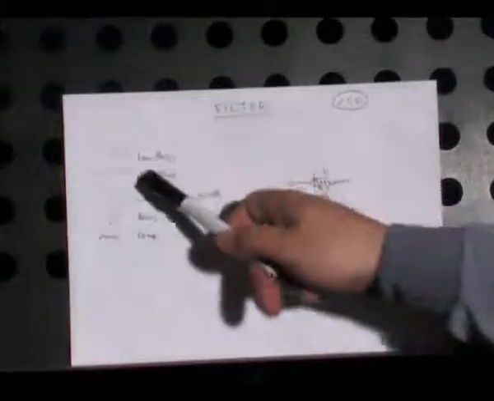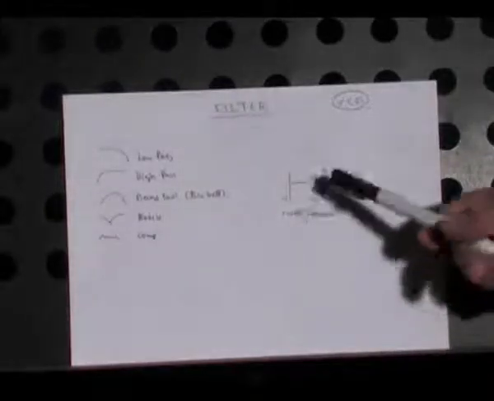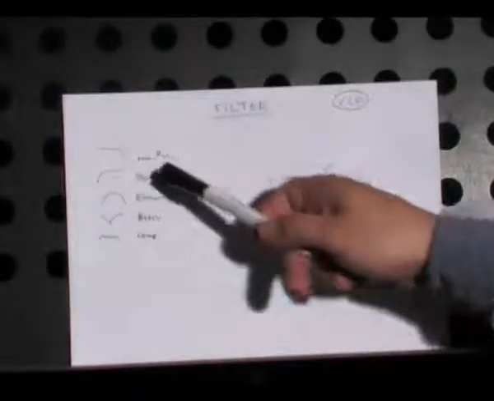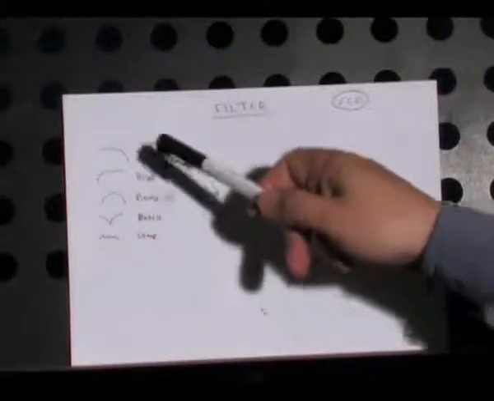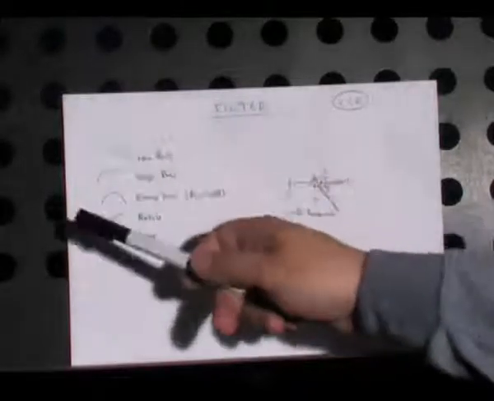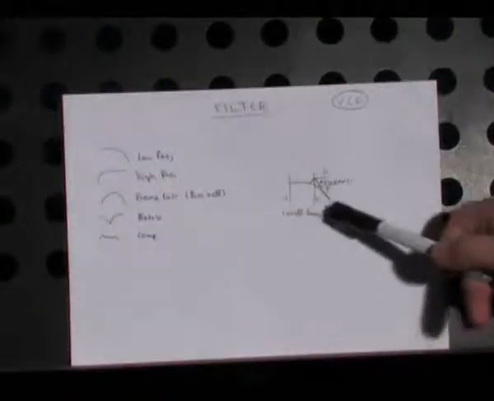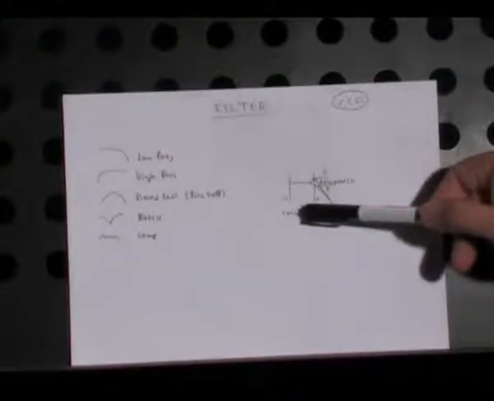The filter types are the low pass, the high pass, the band pass, the notch, the comb filter. And the most important is the low pass, at 24 dB. When we say filter 24 dB, it is the low pass filter, which allows only the lows. The important thing in filters is the cutoff frequency.